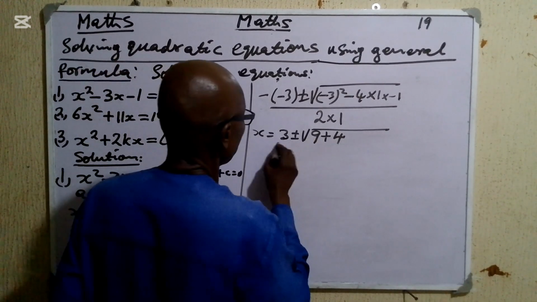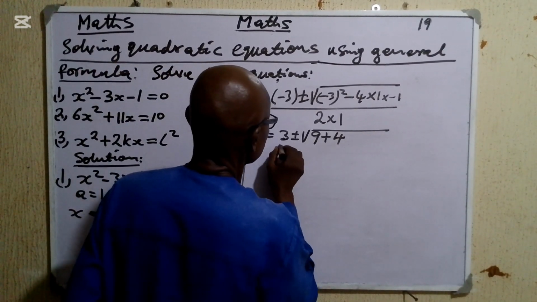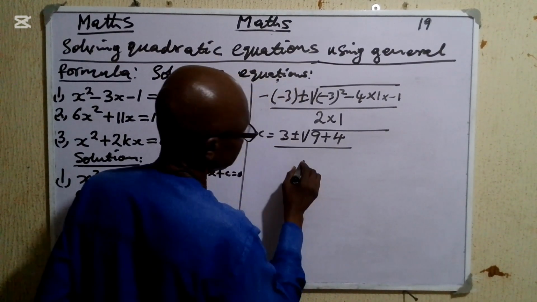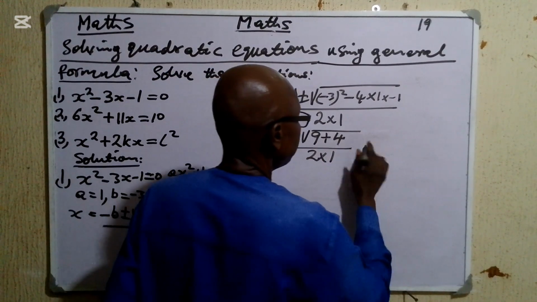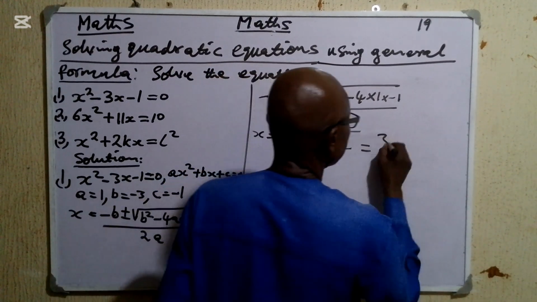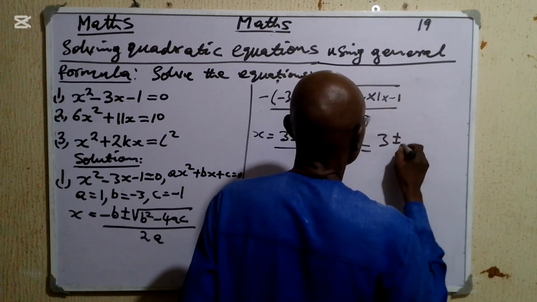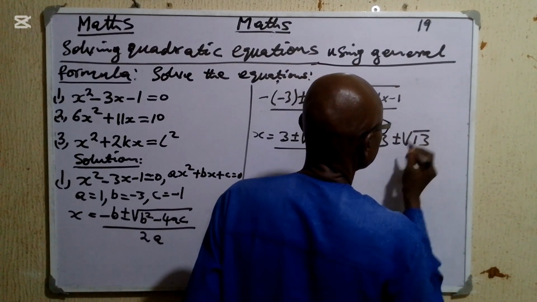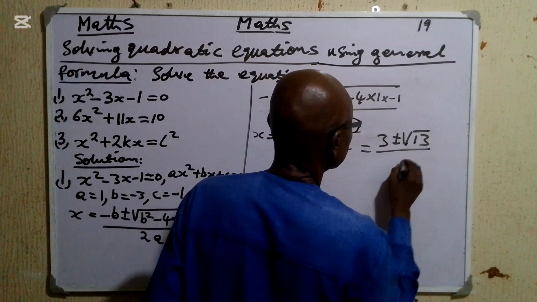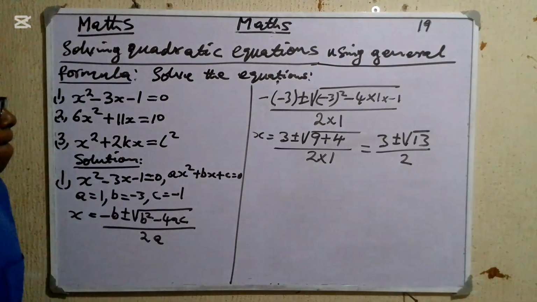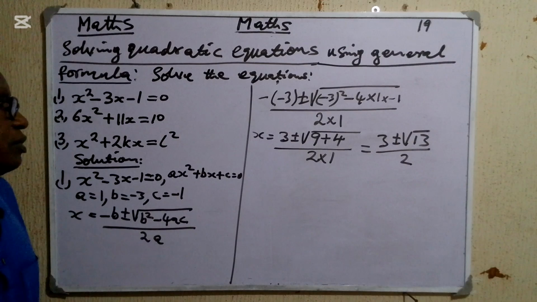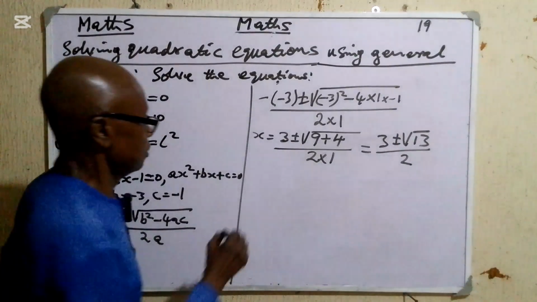And then we have everything over 2 times 1, which is the same thing as 3 plus or minus square root of 13 all over 2. And we know square root of 13 is 3.61 as I checked.